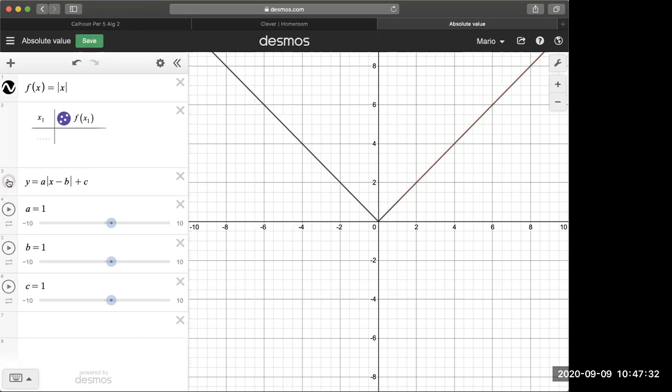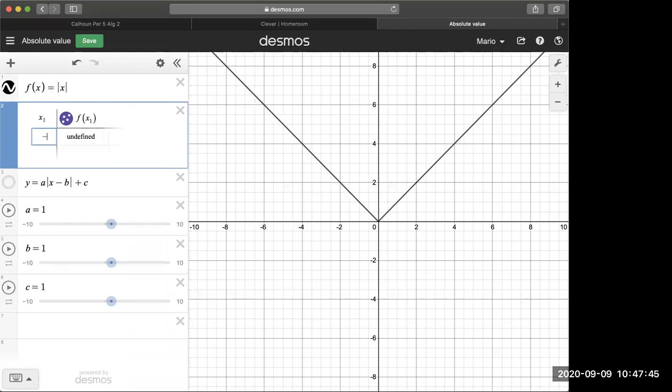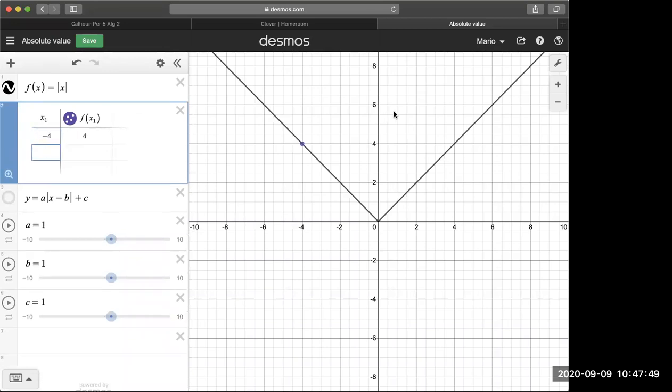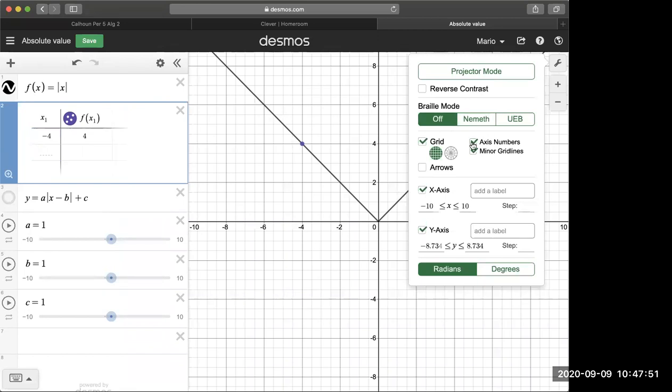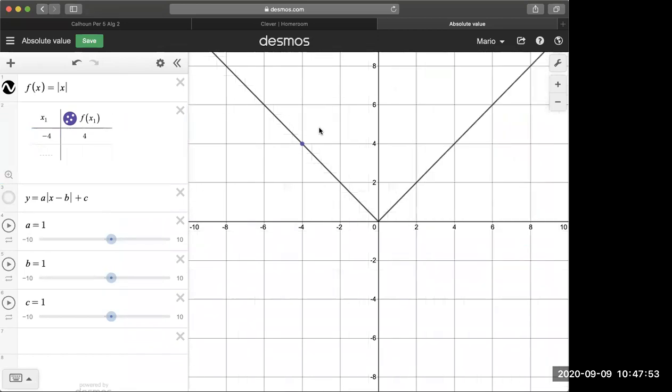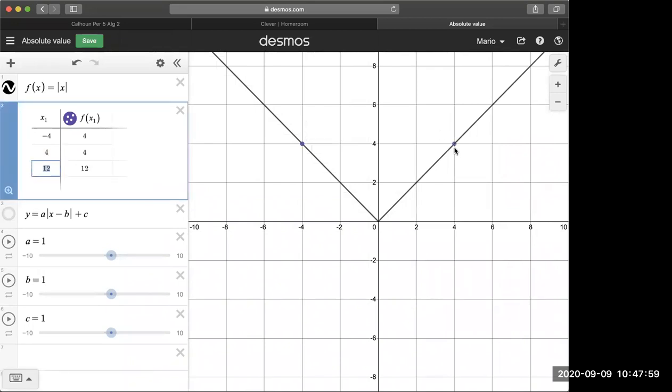Let me shut that graph down for a second. If you see these two straight up and down bars, that means absolute value. That is literally how far a number is from zero. So if I say -4, how far is -4 from zero? It's 4 spaces. But if I take a +4, how far is +4 from zero?